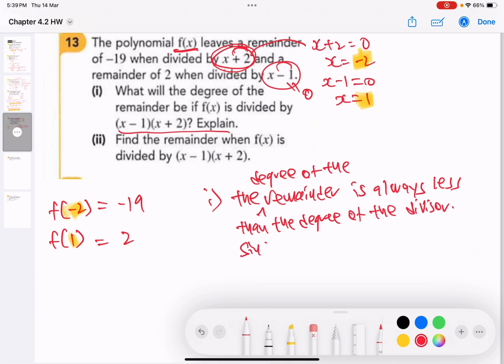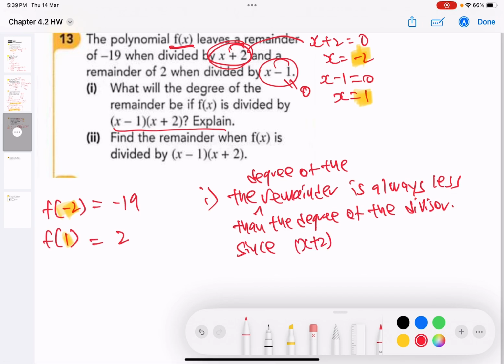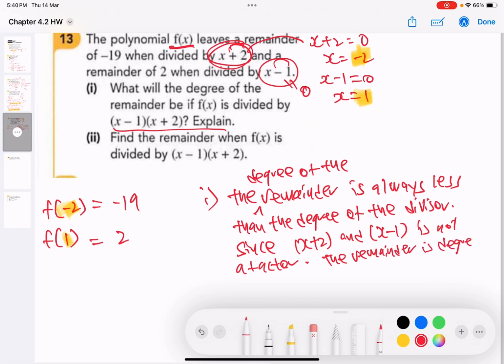So since x plus 2 and x minus 1 are not factors, the remainder is degree 1.